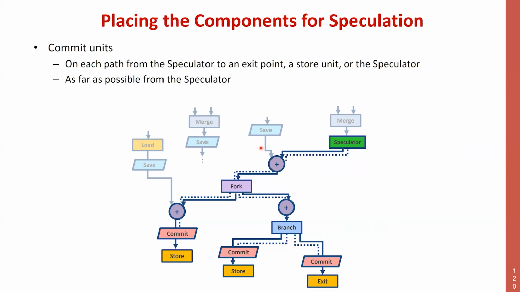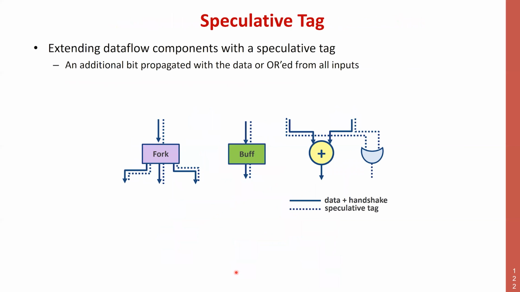And at the same time, from the commit perspective, you want them as far as possible from the speculator, in the sense that you do as much computation as you can with the speculative token until it becomes really dangerous. So you really push it until the store, for instance.